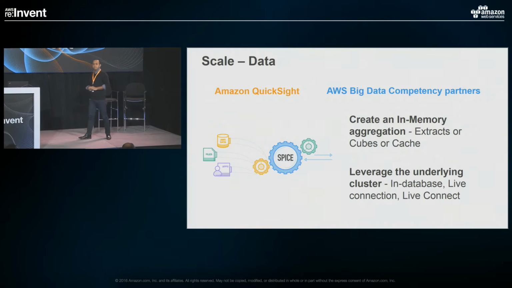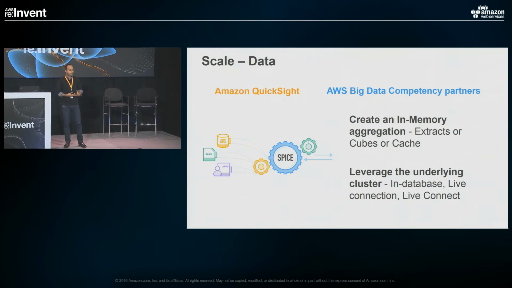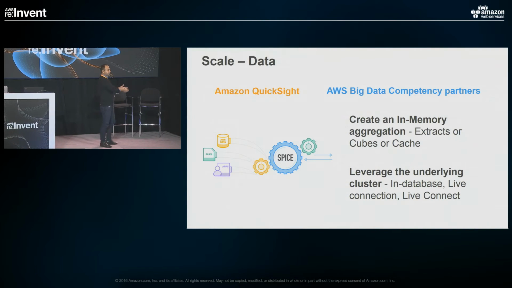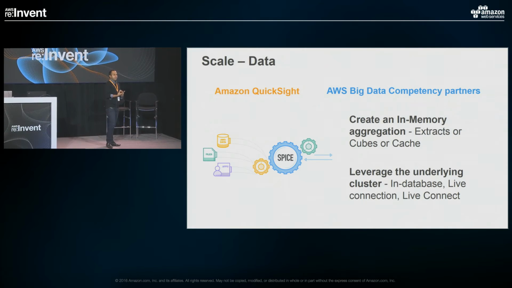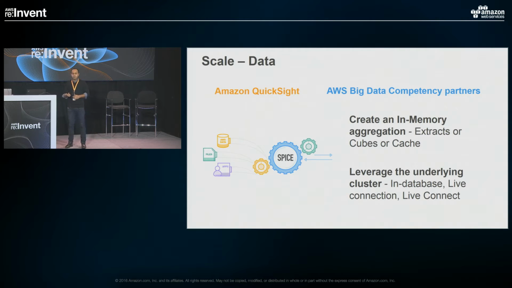And the last one, scaling the BI tool with the data. That is where, for example, SPICE gives you the ability to take data sitting in S3 and provide in-memory, faster access to the data set, so you can quickly visualize. The same principle applies to BI tools, where they talk about things like 100% in-database processing and push-down optimizations.